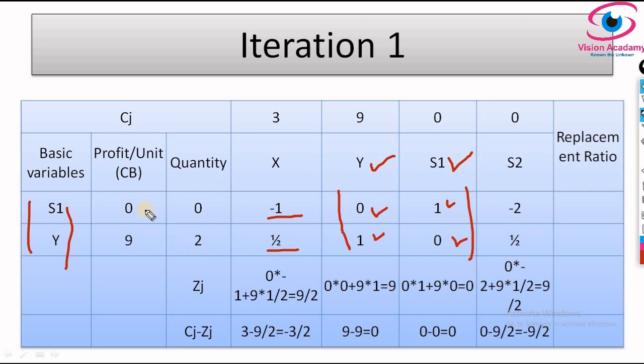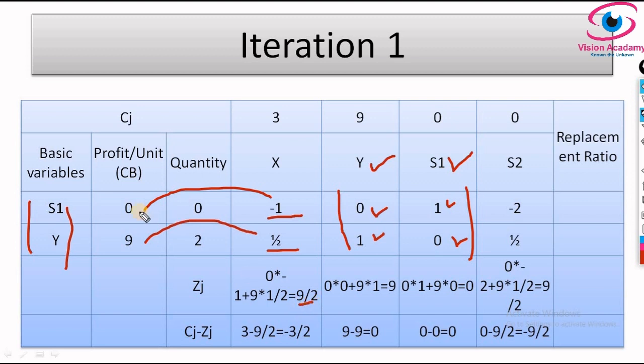Zj, you know how to calculate Zj. 0 times -1 plus 9 times 1/2. 0 times -1 is 0, 9 times 1/2 will be 9/2.